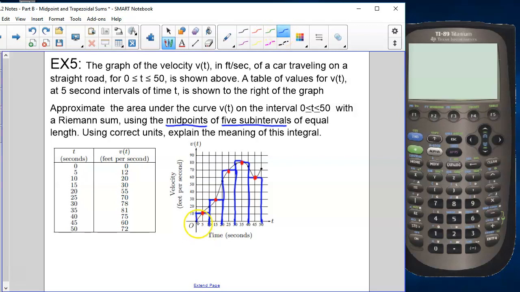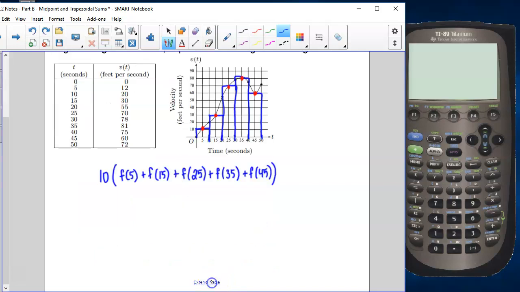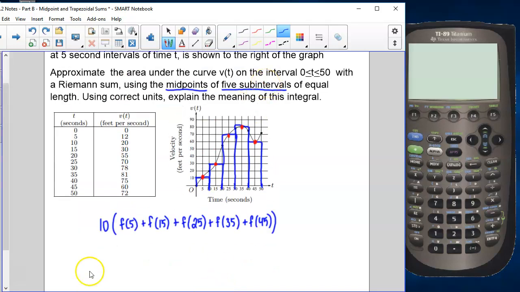So the width of each rectangle is 10, and then we would have f of 5 plus f of 15 plus f of 25 plus f of 35 plus f of 45. And always make sure if it says 5 subintervals, you should have 1, 2, 3, 4, 5 things here if you're doing a Riemann sum, left, right, or midpoint.